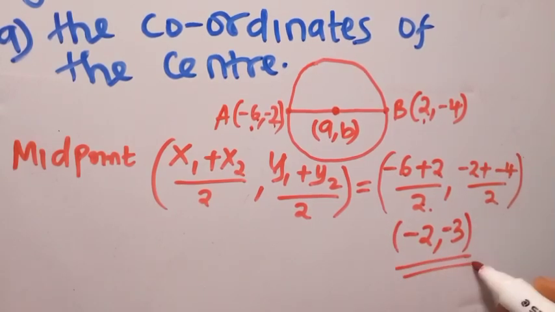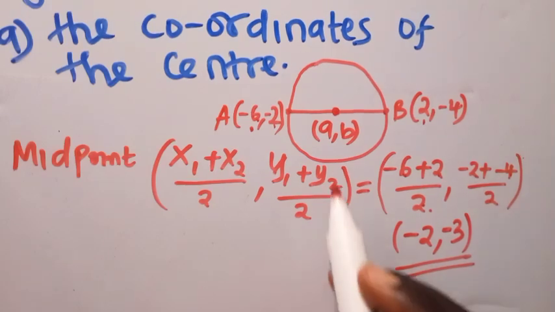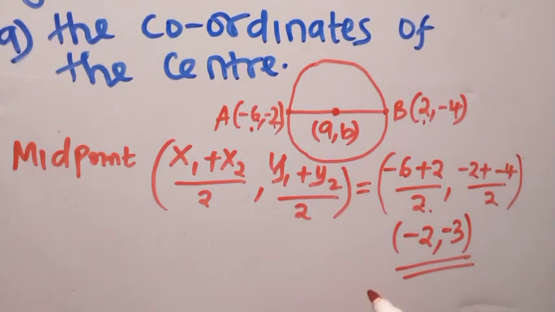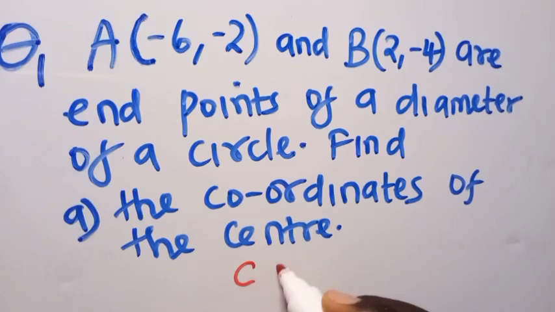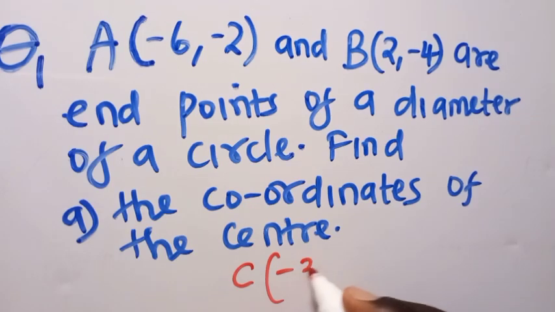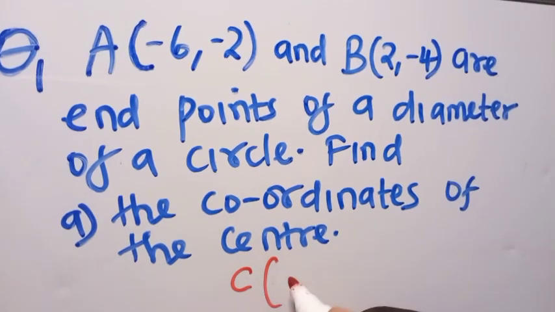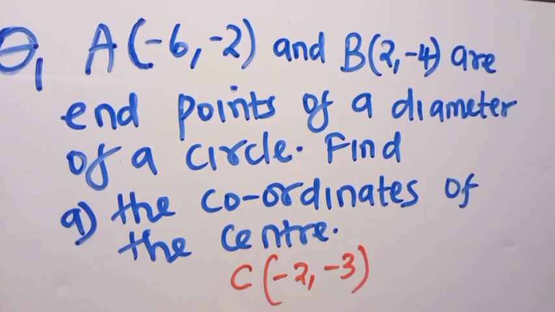And these are the coordinates of the center of this circle. Therefore, the coordinates of the center is -2, -3. Those are the coordinates of the center.